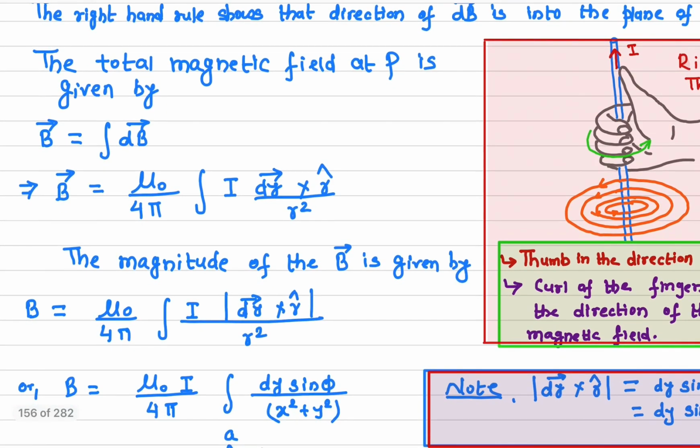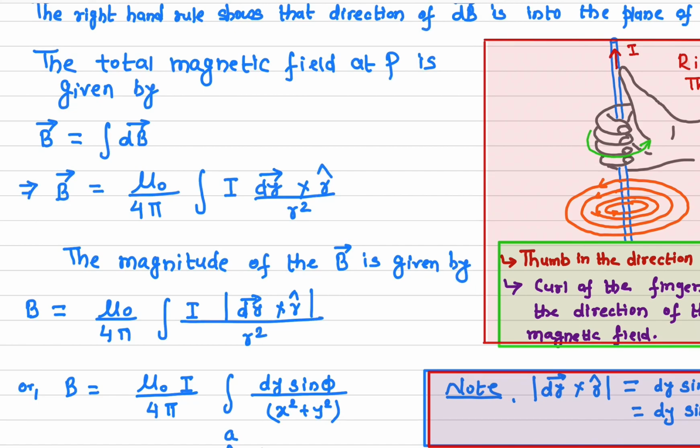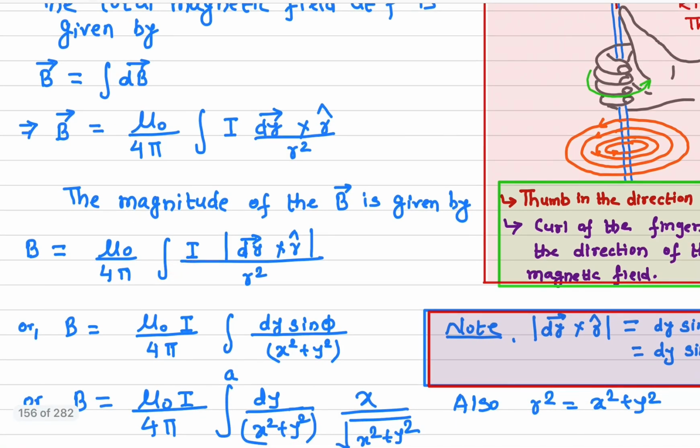All right. So the magnitude of this magnetic field is now given by, so these are vector quantities, so we have to take the magnitude of dy vector cross r vector, and I, as I mentioned, is a constant, so I'm just taking I out.